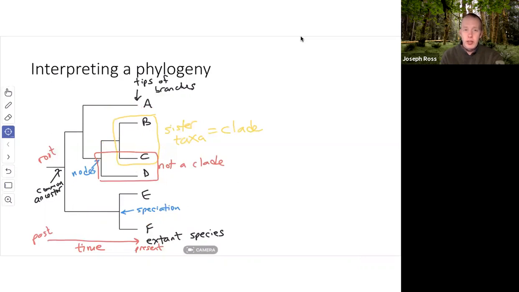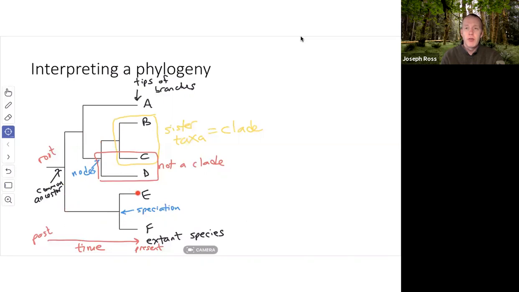This is a little bit tricky, but the overall goal here is essentially the length of the branches, the actual distance that the cursor travels, or your finger travels, or your eye travels to get from one branch tip, one species, to another.